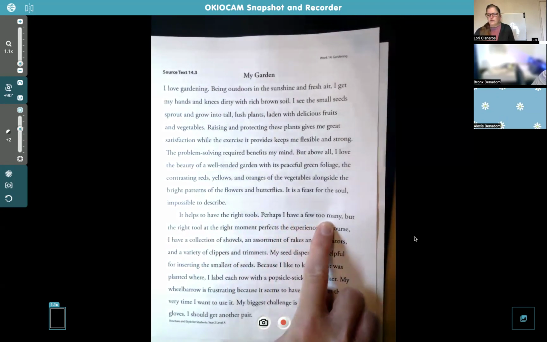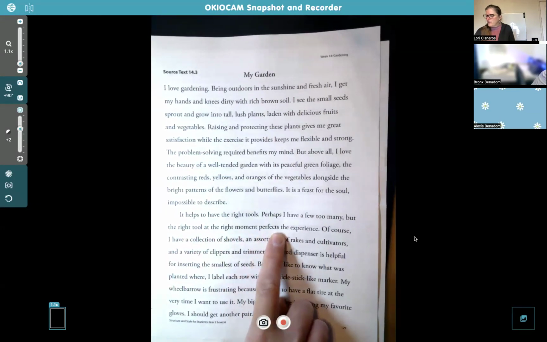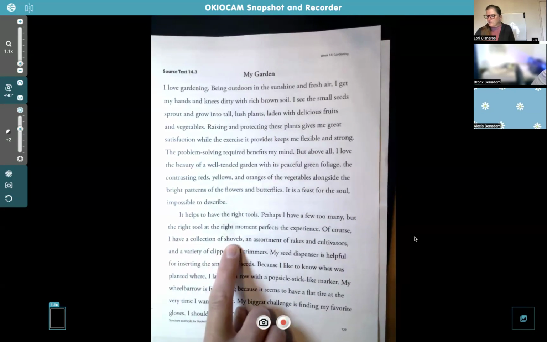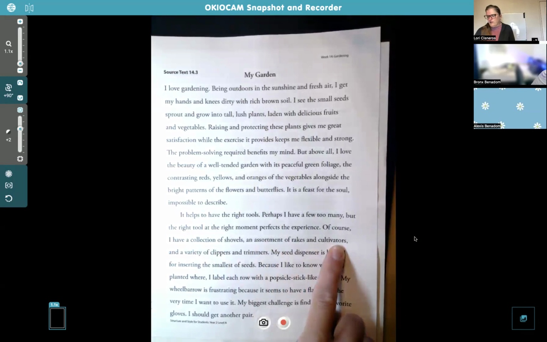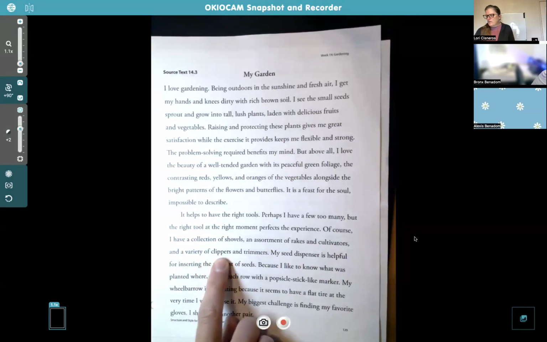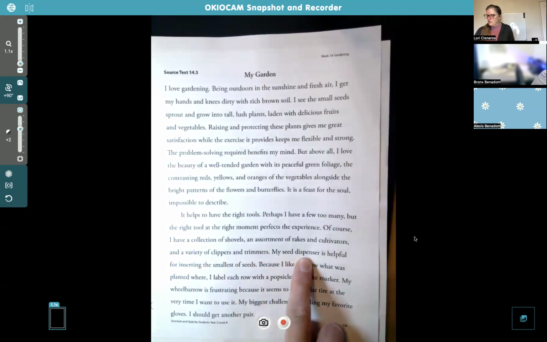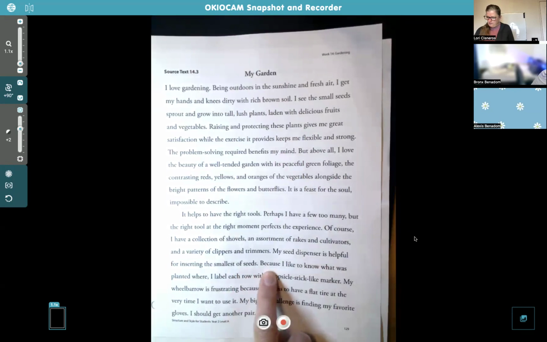It helps to have the right tools. Perhaps I have a few too many, but the right tool at the right moment perfects the experience. Of course, I have a collection of shovels, an assortment of rakes and cultivators, and a variety of clippers and trimmers. My seed dispenser is helpful for inserting the smallest of seeds.